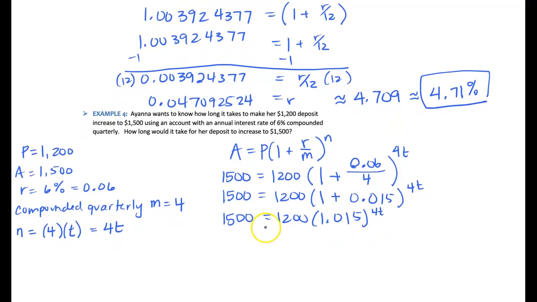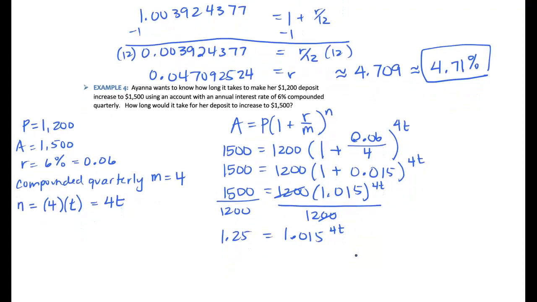And again, we can't work on the exponent next because we don't have that variable t, but we can divide away the 1,200. So we end up with 1.25 equals 1.015 to the 4t power. Whether you keep the parentheses or not, they're really no longer needed at this point.